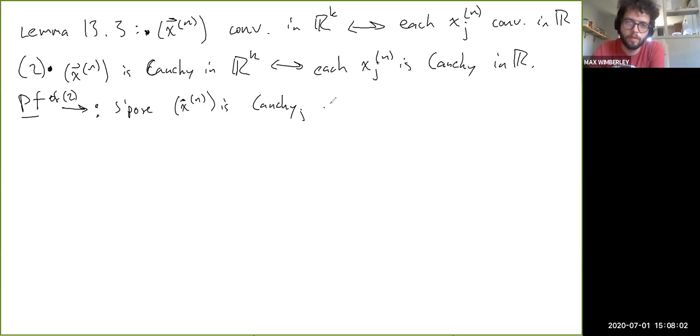So we can bound the distance of x^n and x^m above by epsilon.